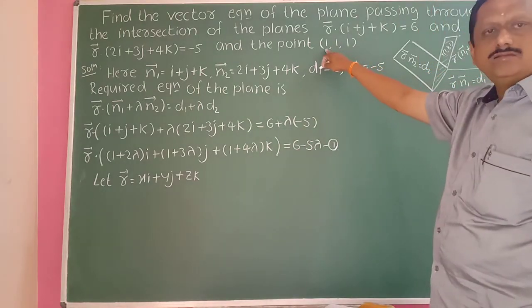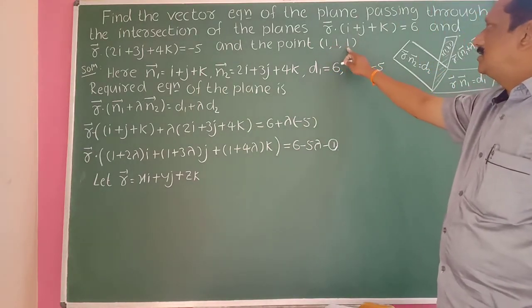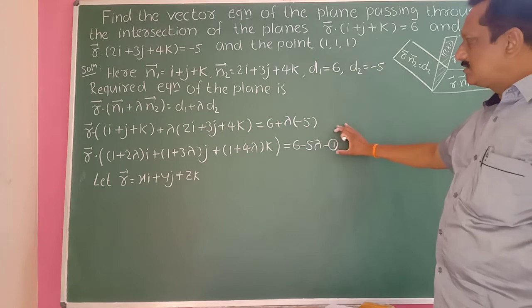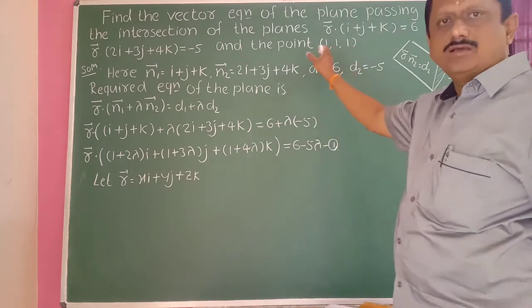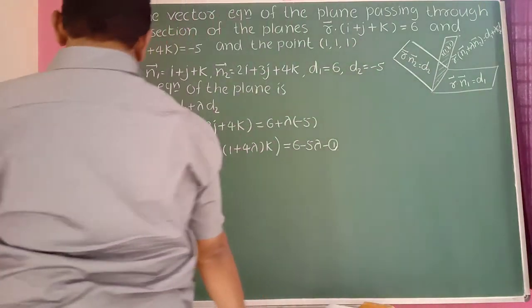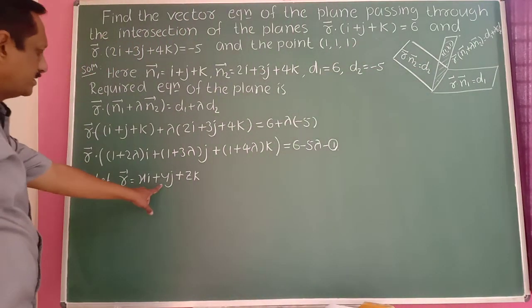Here, x value is 1, y value is 1 and z value is 1. Therefore write this equation in terms of x, y, z, because you have to substitute x, y and z values here. So take r bar as xi plus yj plus zk.